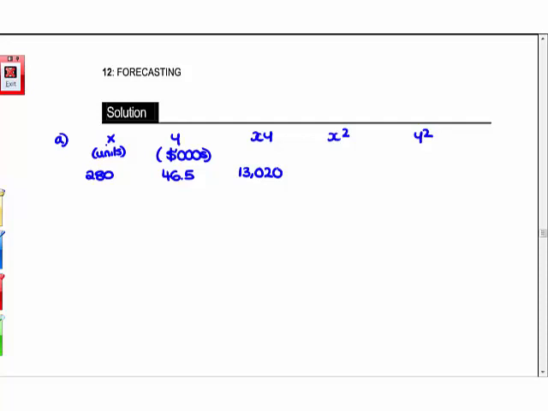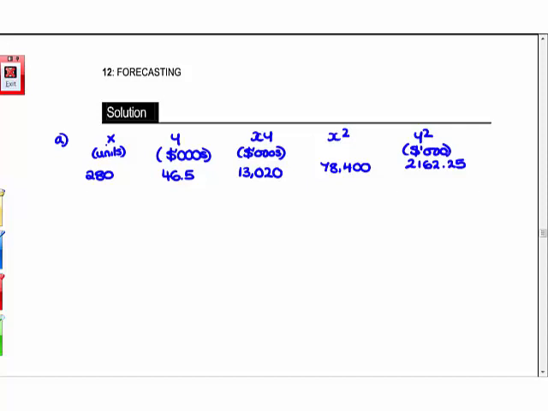X squared, so 280 squared is 78,400. And then the Y squared column, which is something we will need again in a while, so we'll use that now, 46.5 squared, so that's 2,162.25. And remember, all of the ones with Y's in them are in thousands.